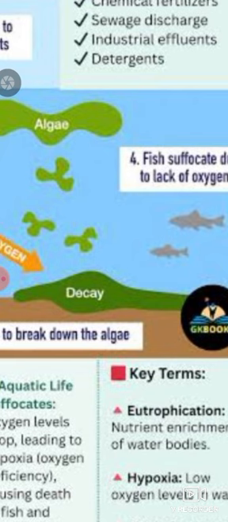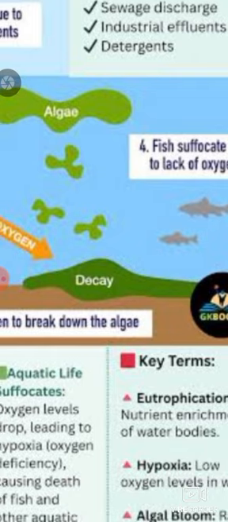The aerobic bacteria are decomposing those dead plants and phytoplankton, and they're also feeding on them because they are acting as saprophytes. In that process, the bacteria increase in number, a lot in number.